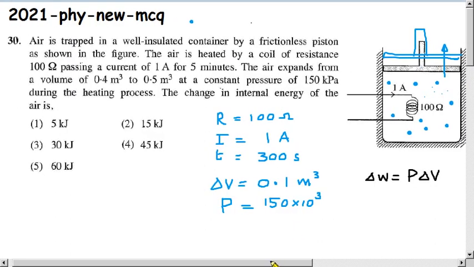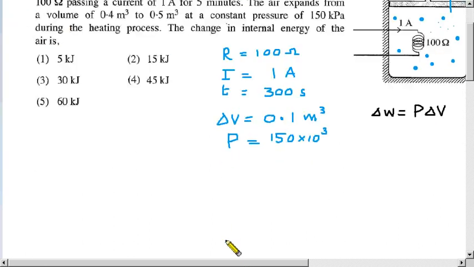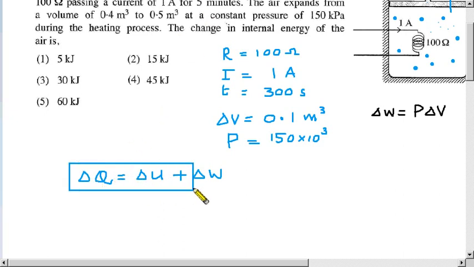So now this problem is a problem in thermodynamics. That means you have to use the first law of thermodynamics: change in internal energy plus work done, delta U plus delta W equals delta Q. So this is the famous equation, the first equation we call. First of all you have to find out what is the heat given. Delta Q is the heat given.